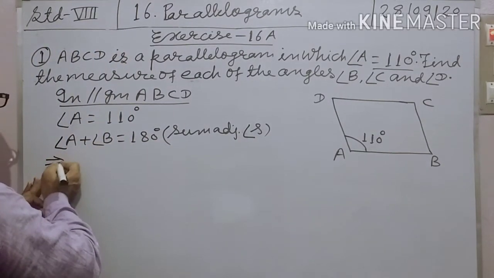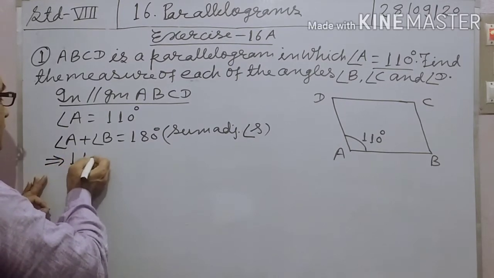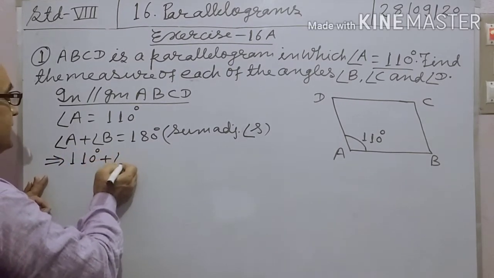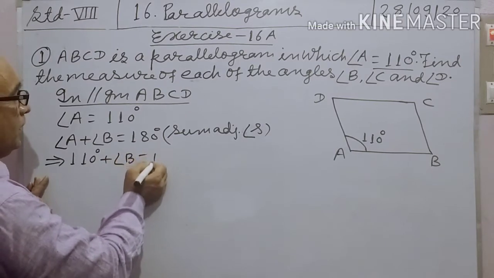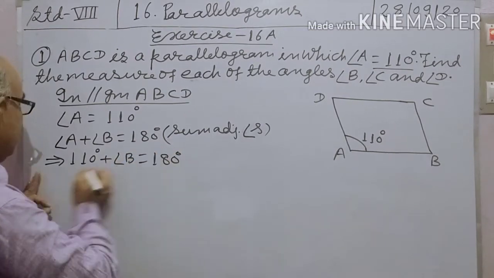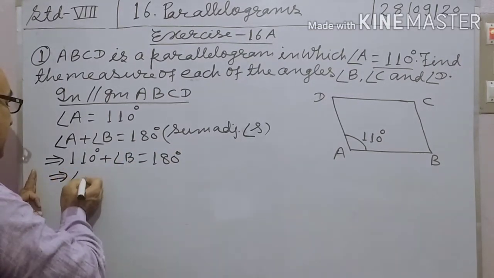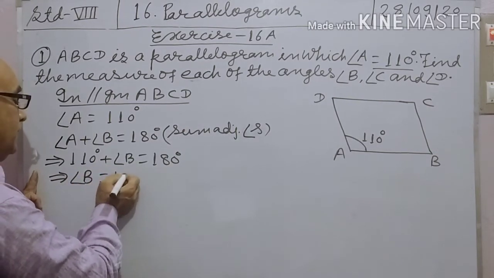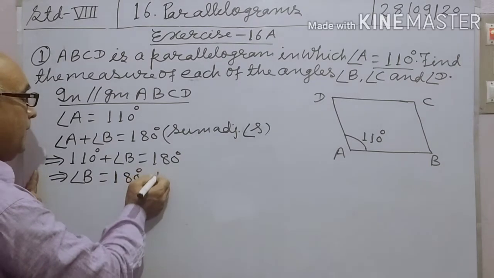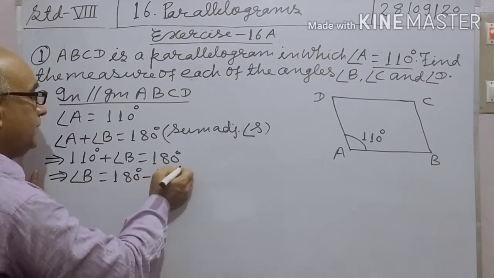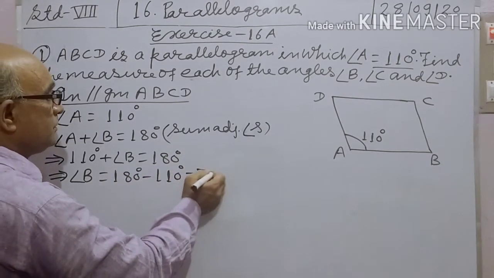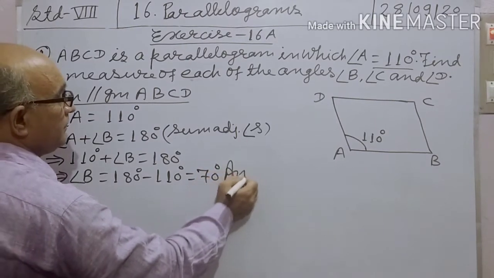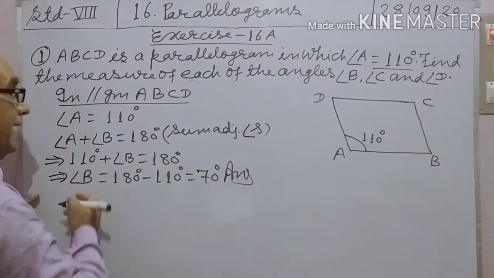That implies 110 degrees plus angle B equals 180 degrees. That implies angle B equals 180 degrees minus 110 degrees, which equals 70 degrees. Answer: angle A and angle B.